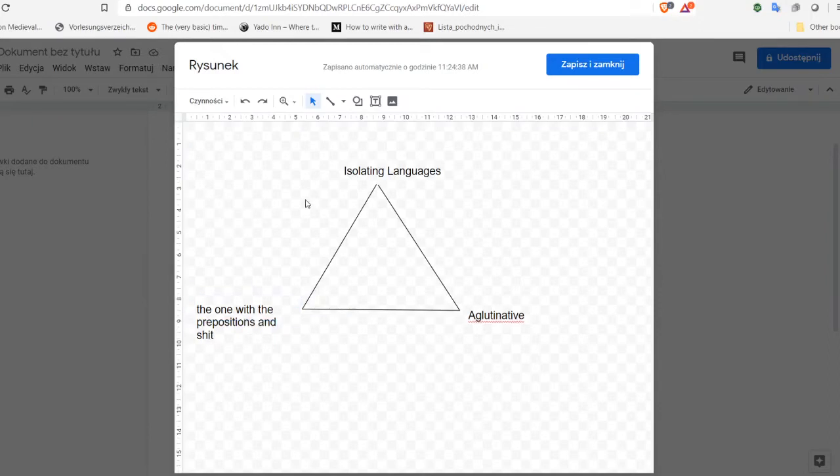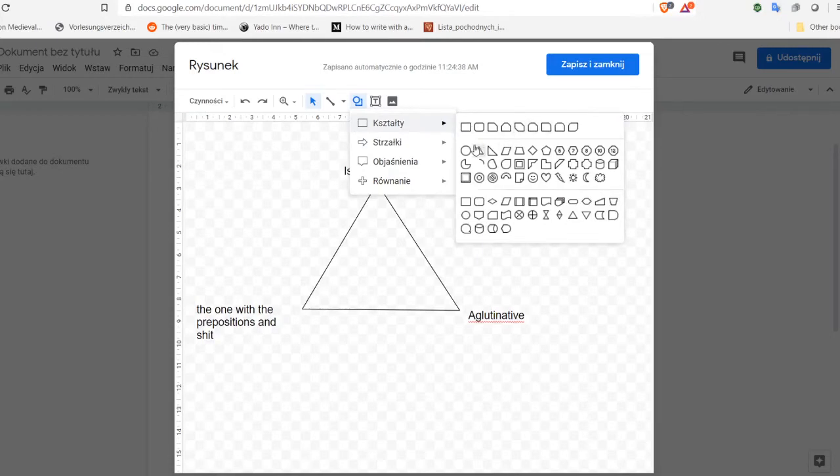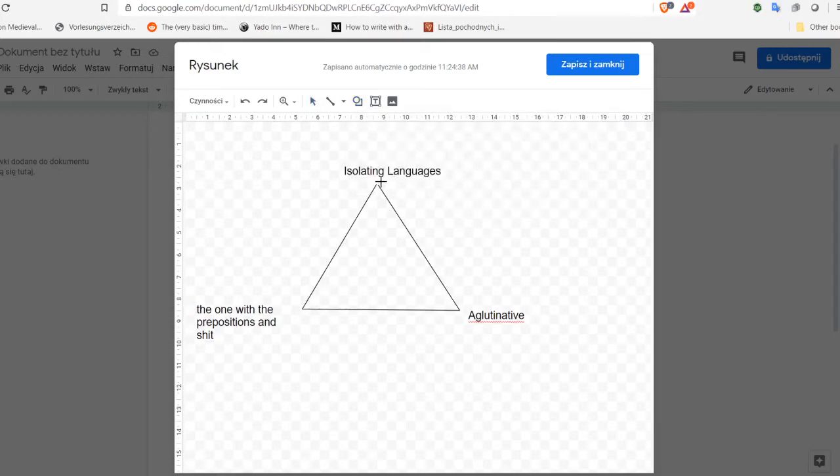So examples of languages and where they fall on the scale. Let's, for example, see English. English would be a bit on the scale of the prepositional type. It does have very few agglutinative traits. I would put it here because it's mostly isolating.